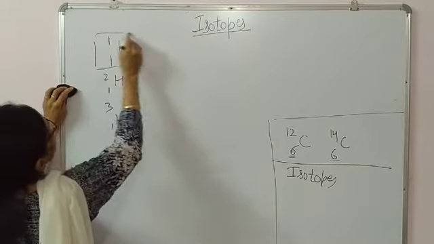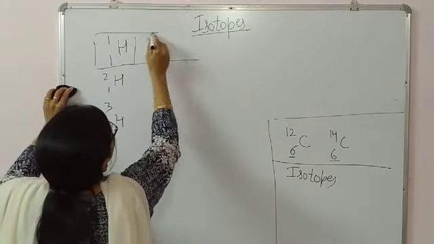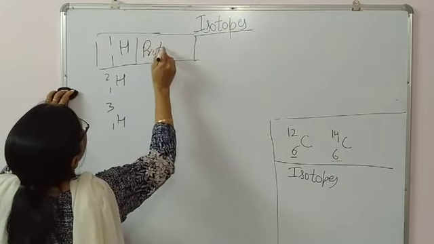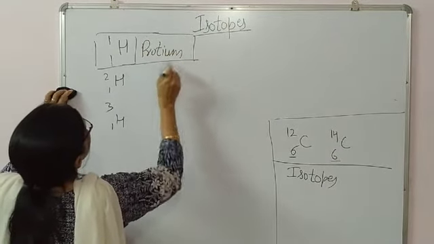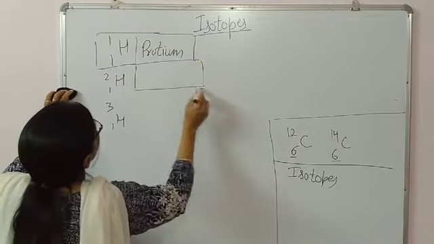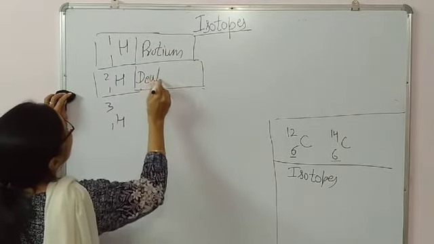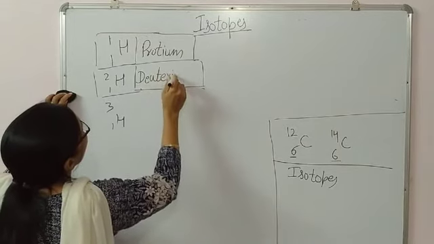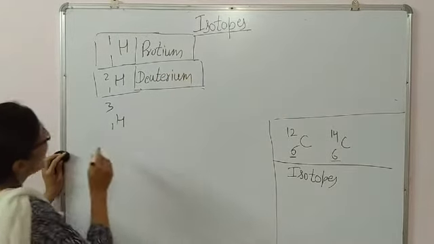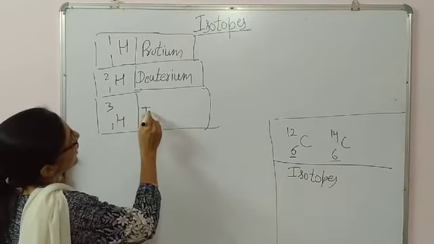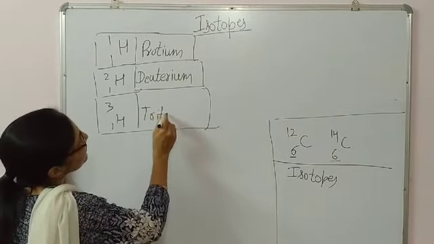This is known as protium. This is known as deuterium. And third one, it is known as tritium.